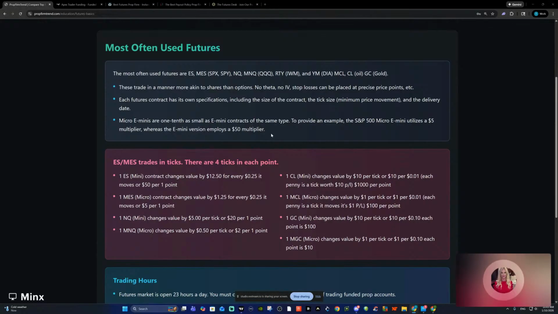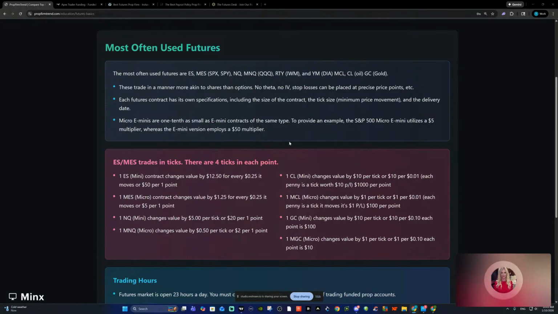Because ES trades in ticks, it trades in a 0.25 spread. One contract changes value by $12.50 for every 0.25 that it moves. So you gain or lose $50 when ES moves 1 point. If ES changes by 10 points, you either win or lose $500.